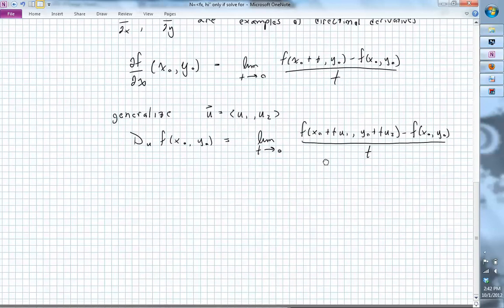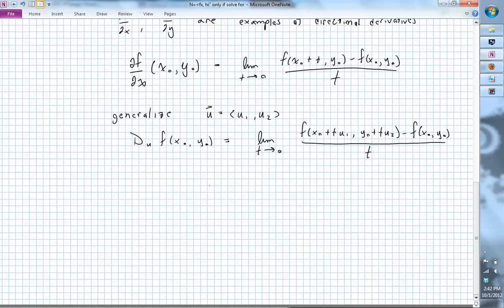And here's why we learned the chain rule last Friday. That's the same as taking the derivative with respect to t of this function and evaluating it at t equals 0.